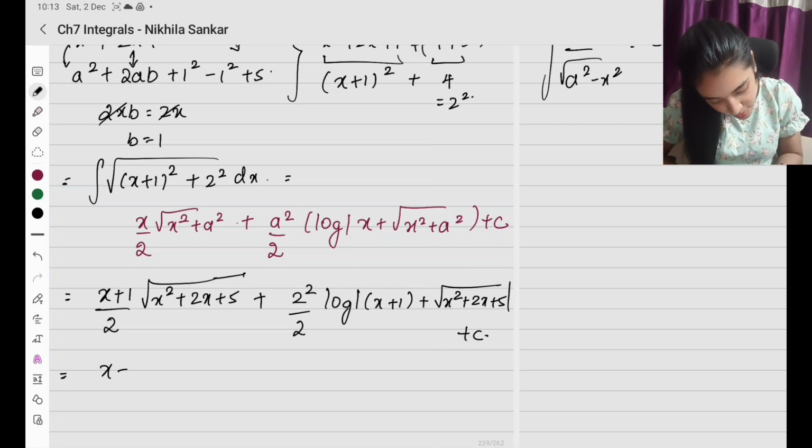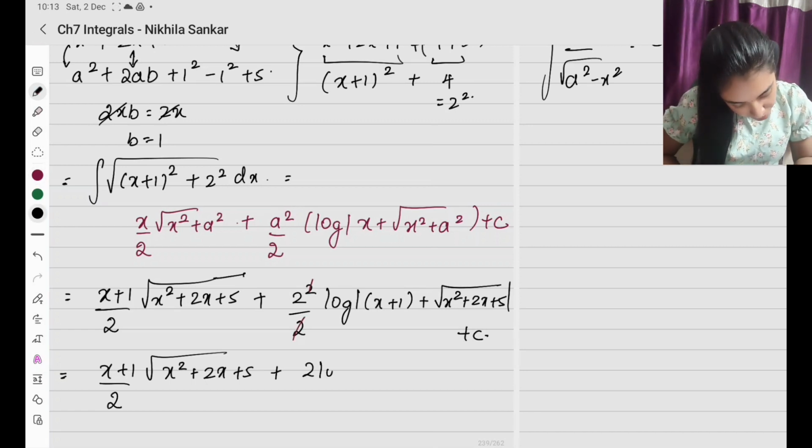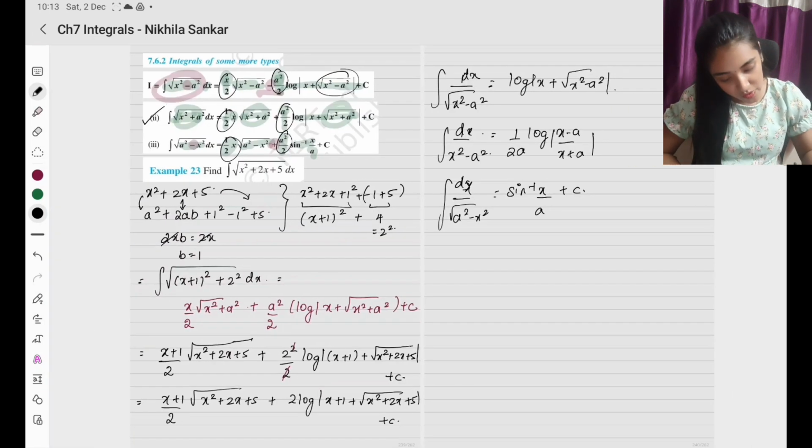So when I simplify and finalize, x plus 1 by 2 square root of x square plus 2x plus 5 plus 4 by 2, or this can get cancelled. So I have 2 log x plus 1 plus square root of x square plus 2x plus 5 plus c. So this is my final answer.